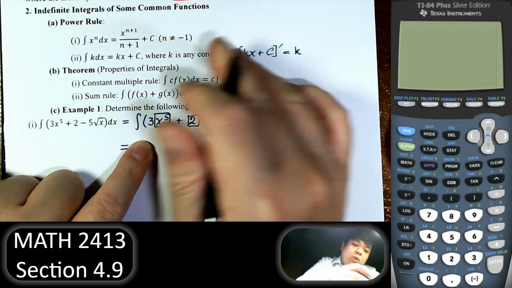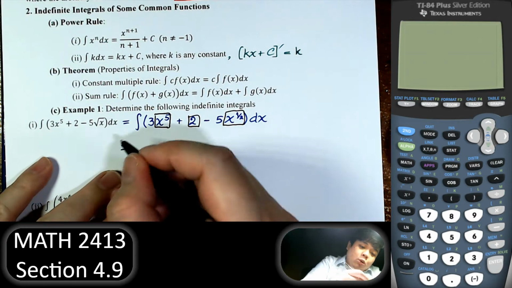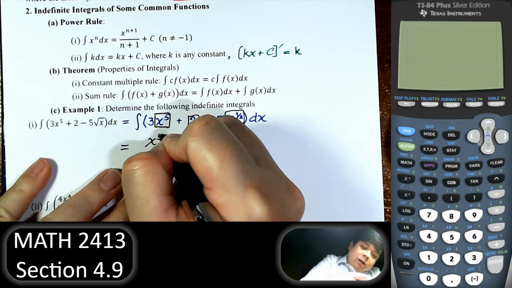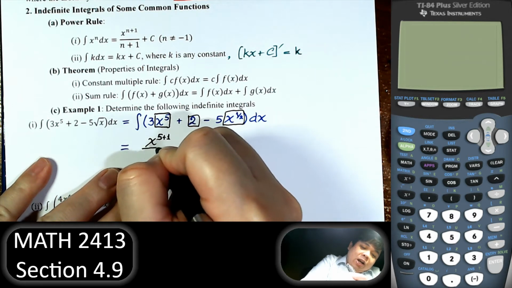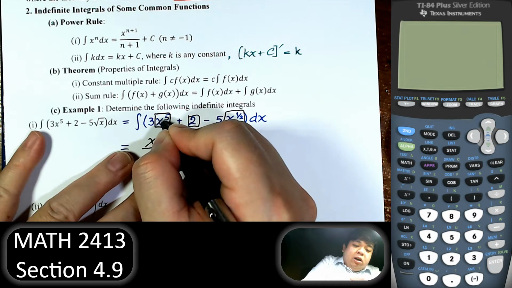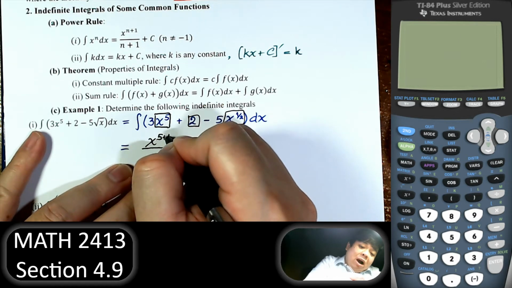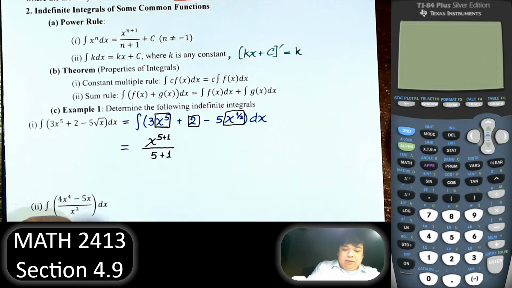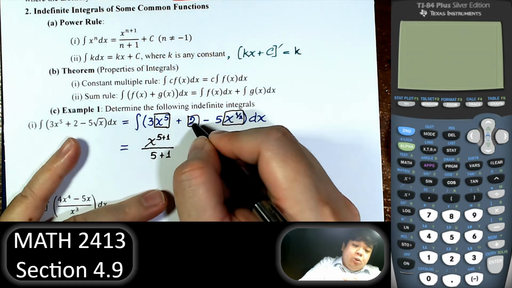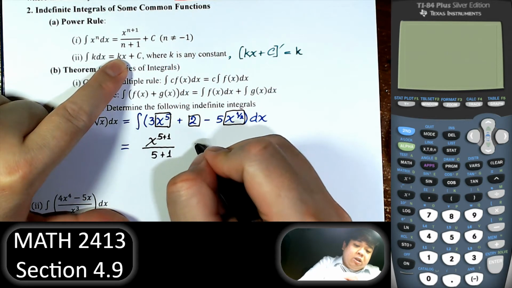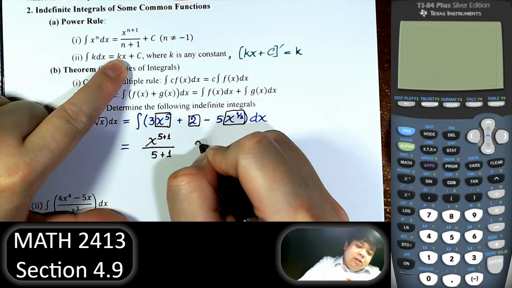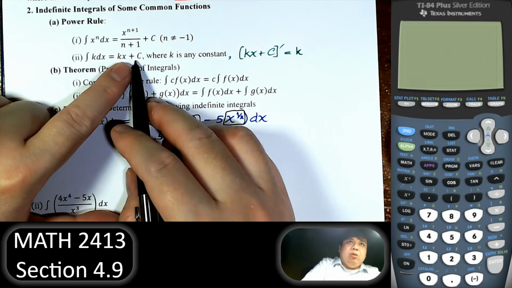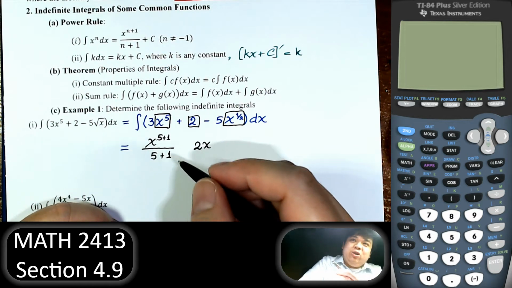Right. We have this power rule, right? The power rule says the power will increase by 1 and then we divide by the same thing. That is the power rule. The integral of 2, well, the integral of a constant, we will stick an x to it. And we say, what happened to the constant c? Well, we'll get back to that in a minute.